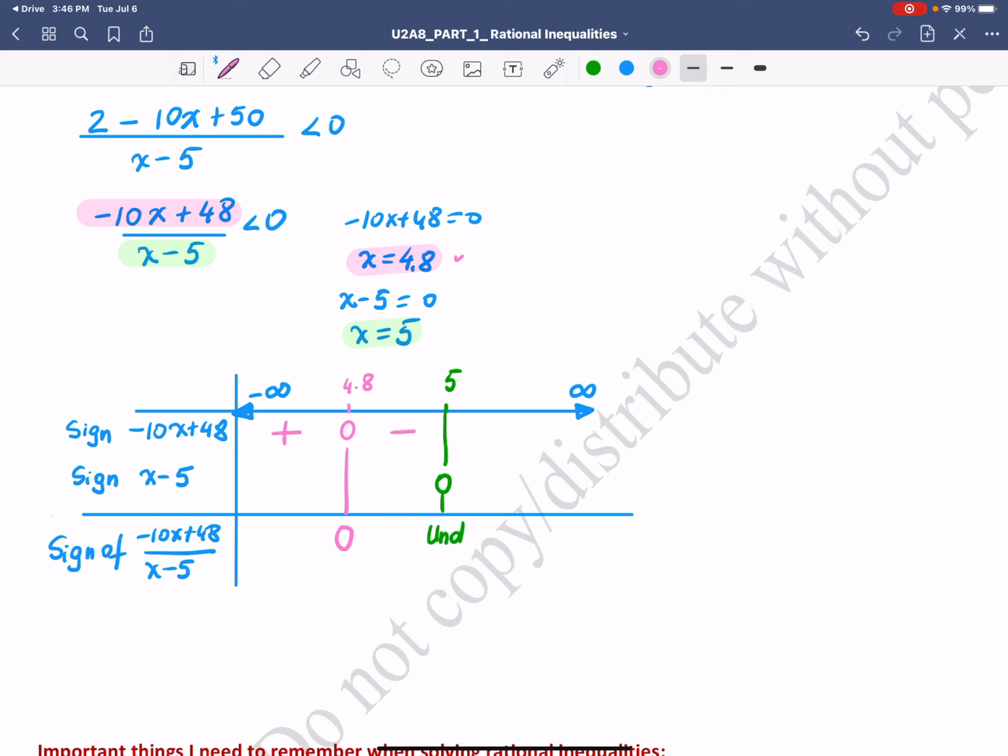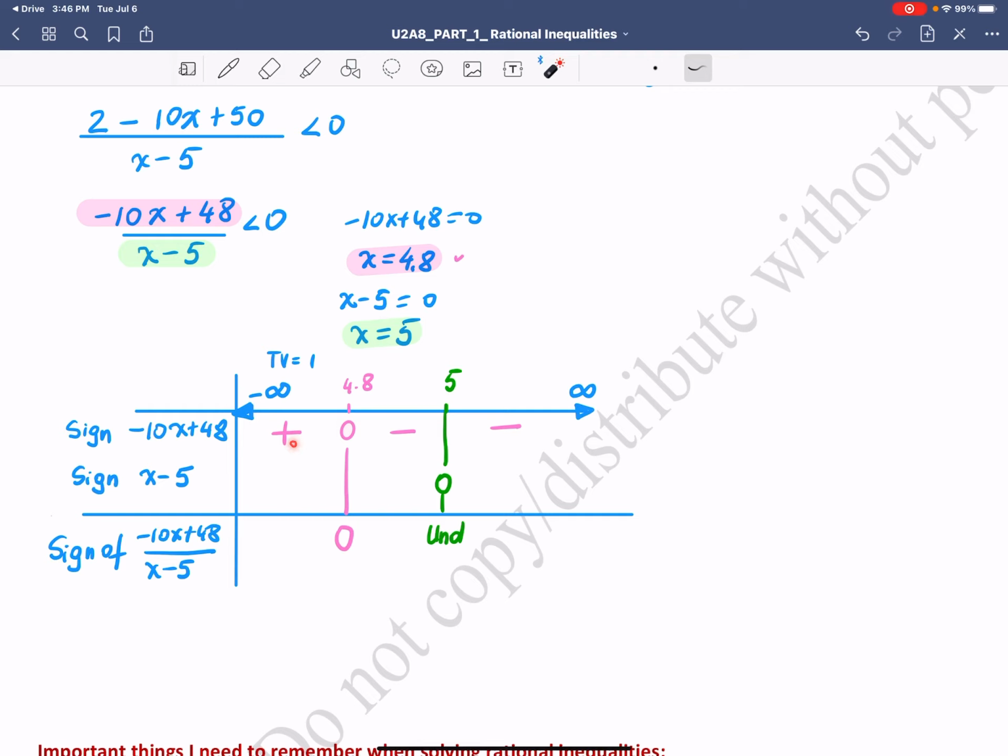You can decide on the sign of negative 10x plus 48 also by choosing testing values. For example, pick a number to the left of 4.8, for example, the number 1, substitute it into negative 10x plus 48 and see what the sign of the whole expression is.